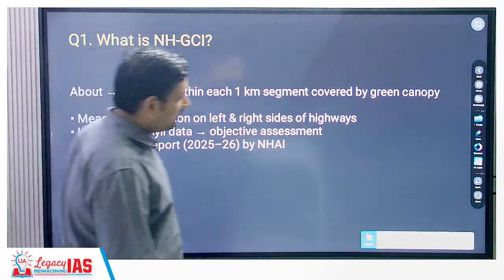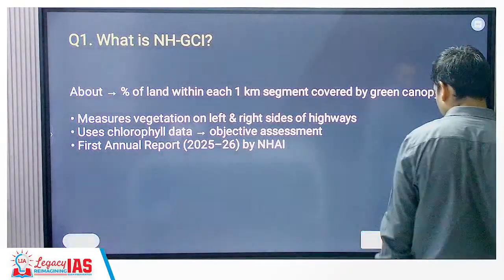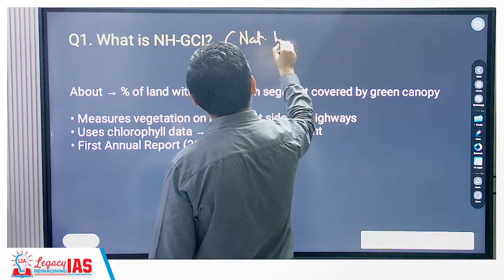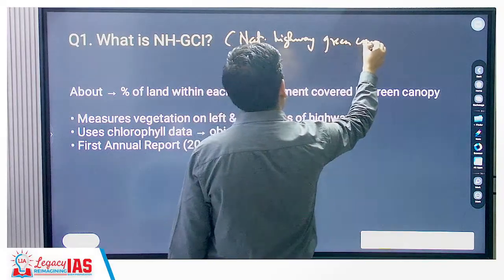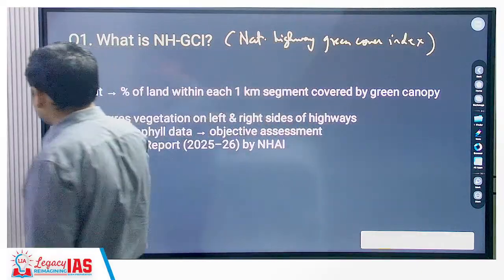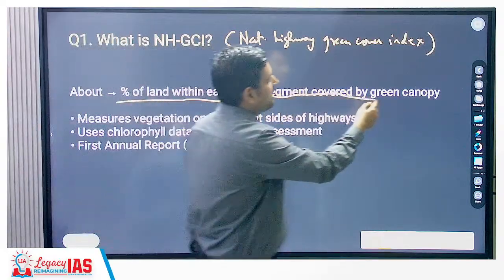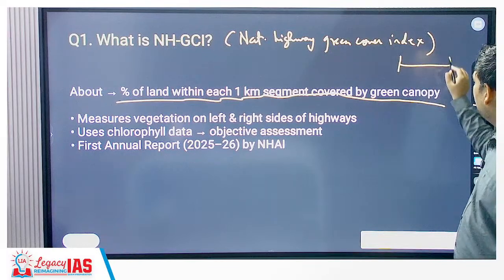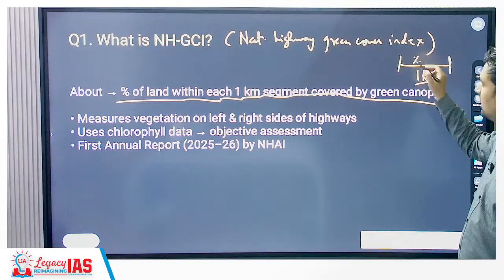So what is the National Highway Green Cover Index? Now what is this? This is the percentage of land within a 1 kilometer segment covered by green canopy. So within a 1 kilometer stretch, they will say what percent is covered by green canopy.